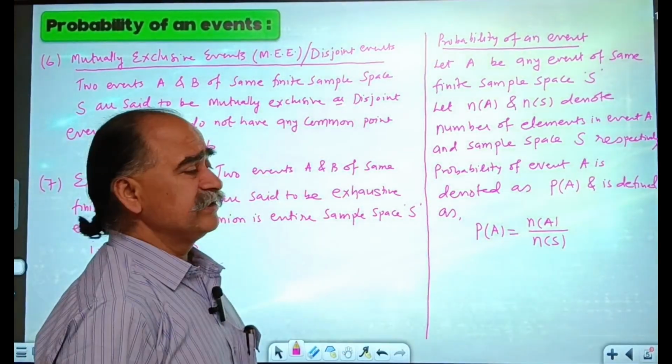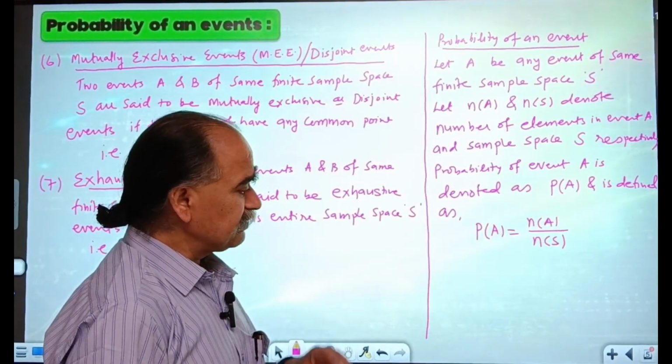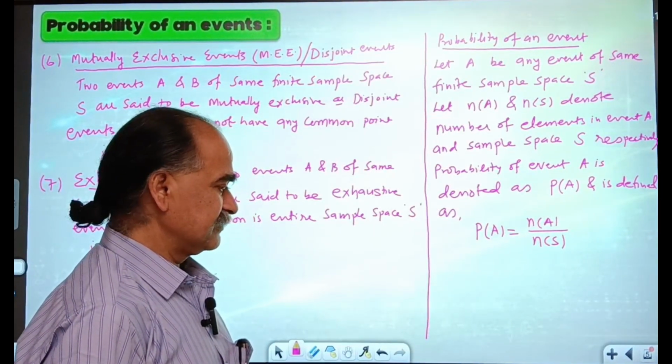That is, the number of elements in event A divided by the number of elements in sample space S.